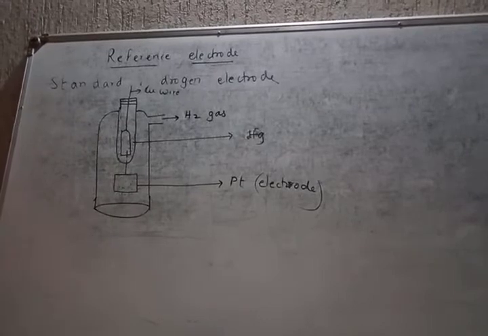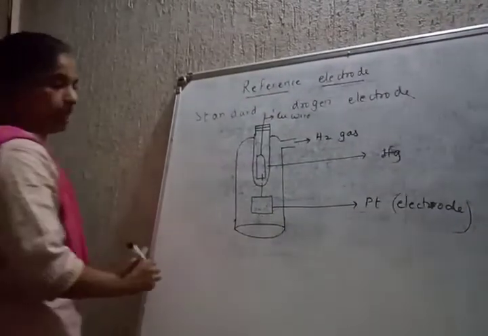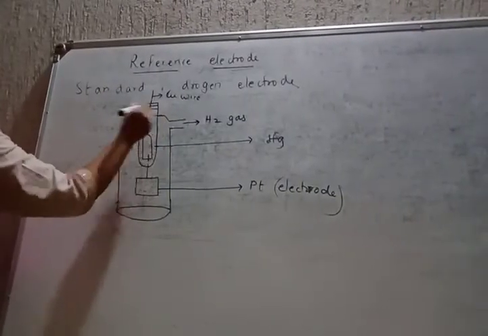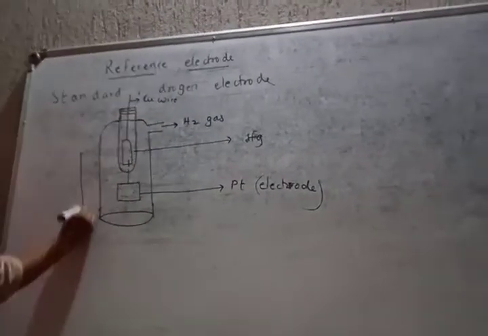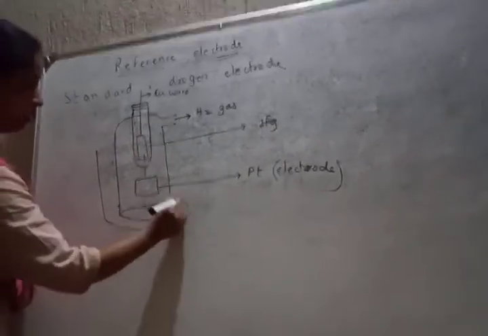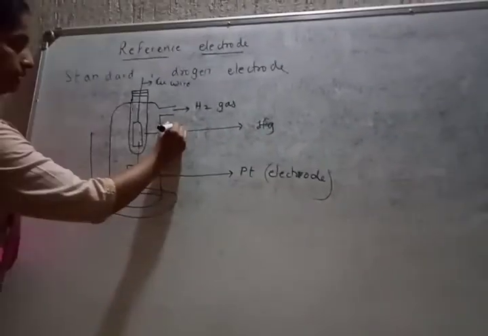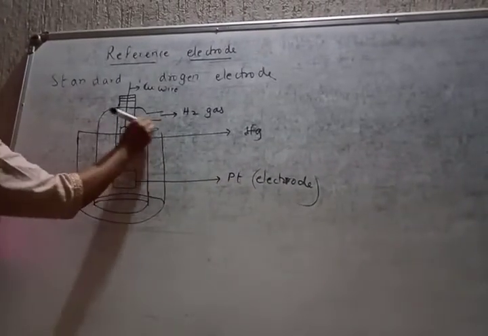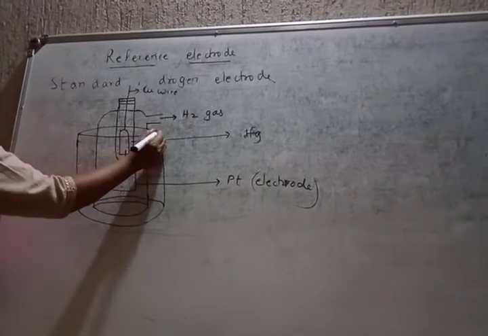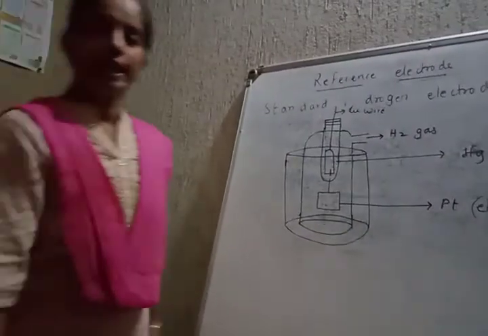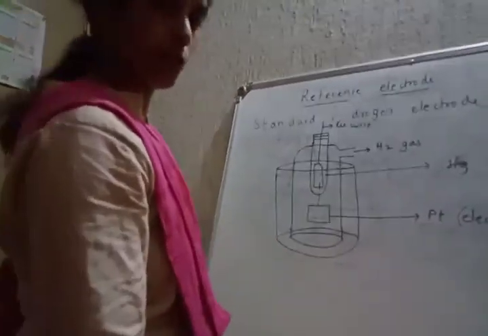Next, the jacket is dipped in a container. This assembly is called SHE, the standard hydrogen electrode.